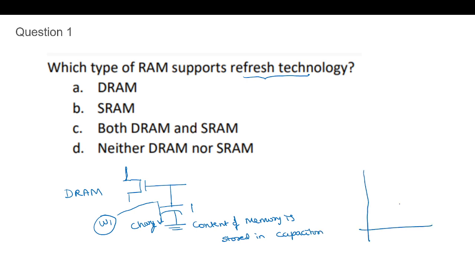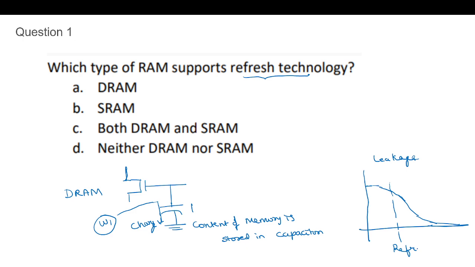Now this 1 is stored in a capacitor. So there is leakage. That means the charge in the capacitor starts to leak. So we need some refresh circuitry. Say at this point we start to refresh.